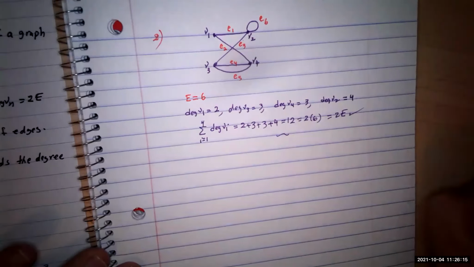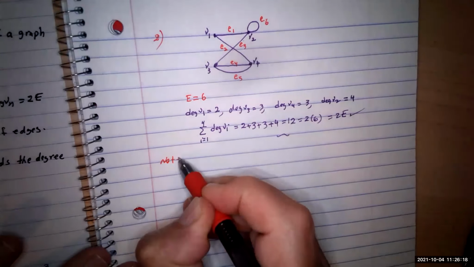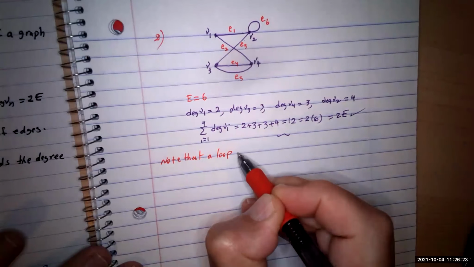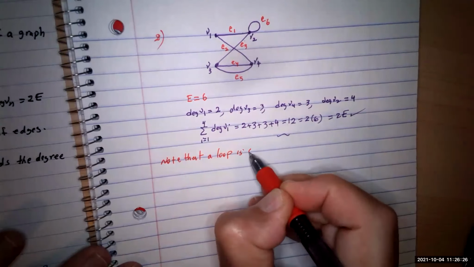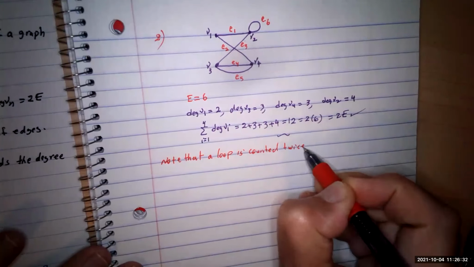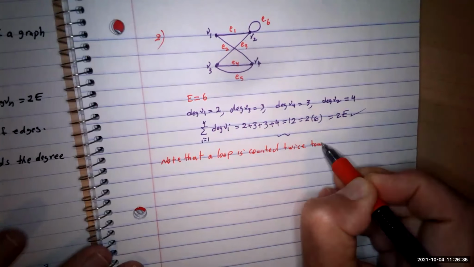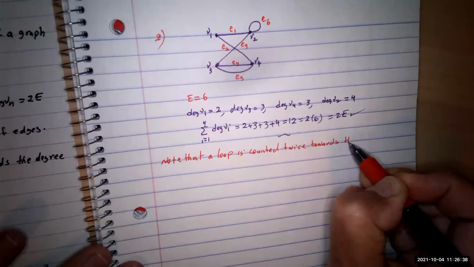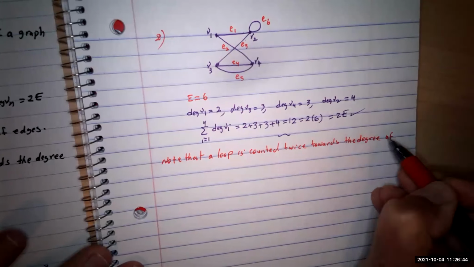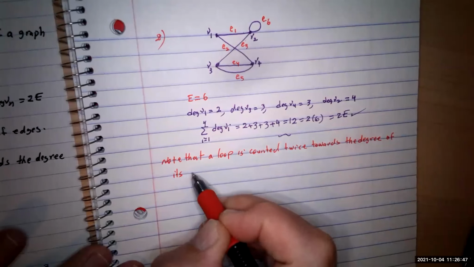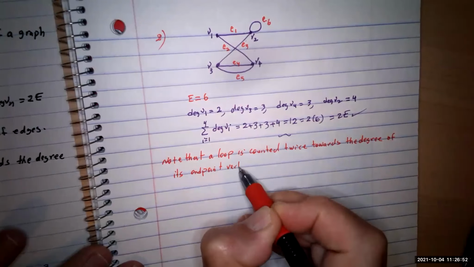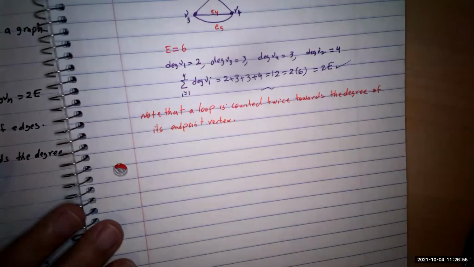So if you want the hint for the problem in your book, just note that a loop, E6, is counted twice towards the degree, twice the degree of its endpoint vertex.